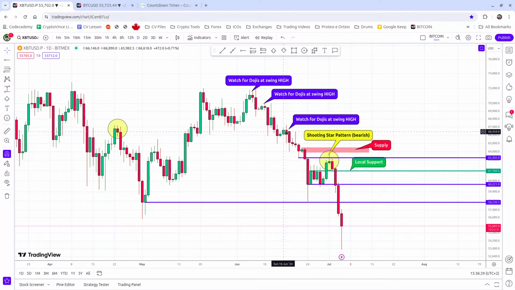It came back to the level, made a doji indecision and dropped. Then it had a reaction here because the candle closed above the candle close at this swing low. Price went all the way up, made a shooting star pattern, taking out the swing low, and price just boom. After this red candle was created, the shooting star pattern was created, and price just dropped like hell.